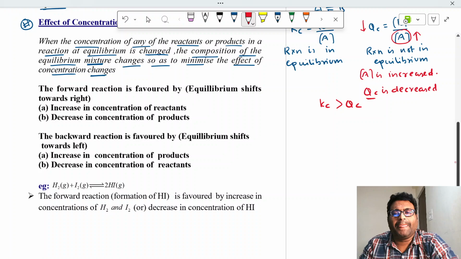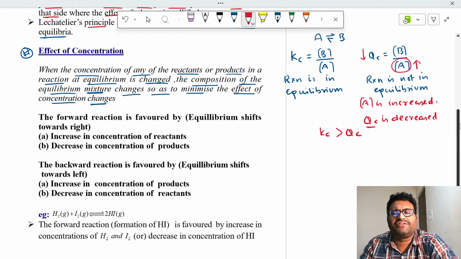That means concentration of A is increased. When A is increased, Q will be decreased. Kc is greater than Qc, right?